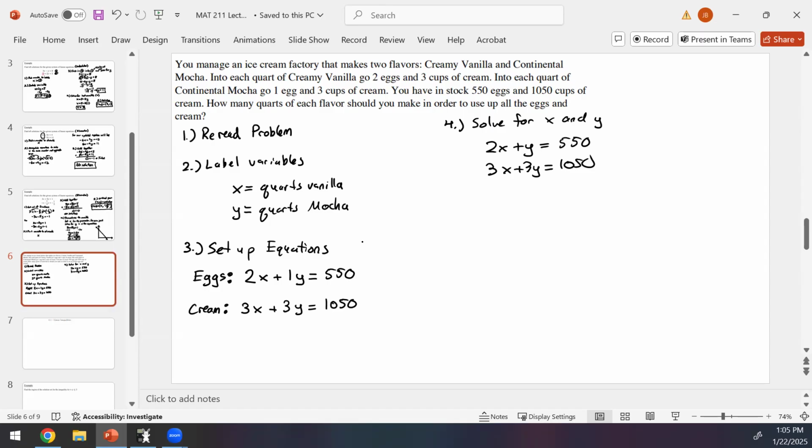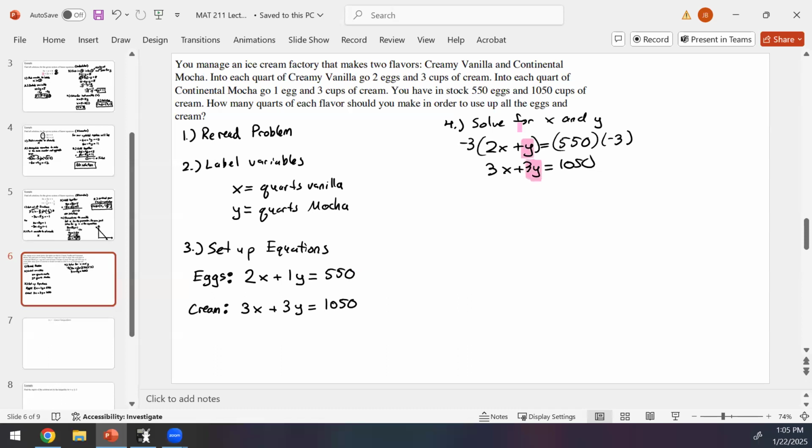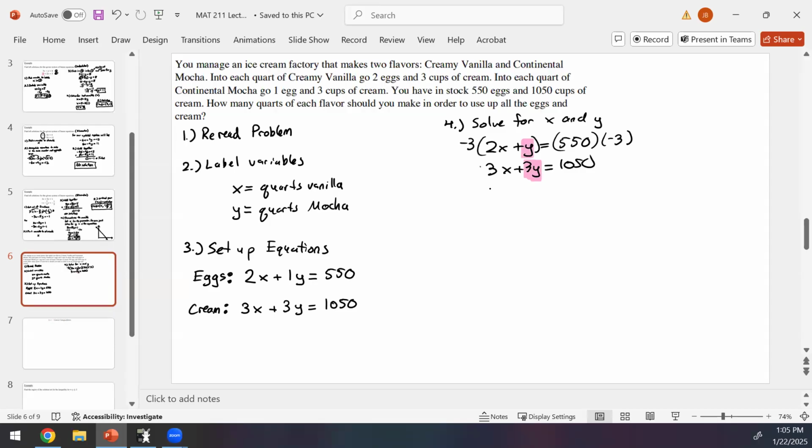I want to make the y's cancel out, so I pick y, and I'm going to multiply this by -3, and I'm going to multiply this by -3, right? Because I'm canceling out the y term right here and the y term right here. And so from there, my equation is going to become -6.